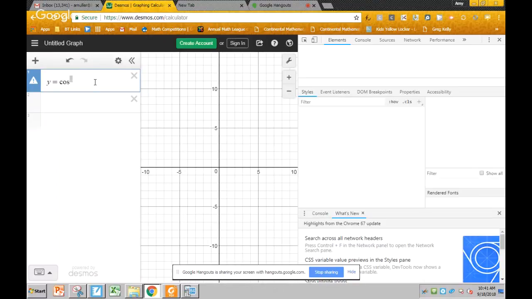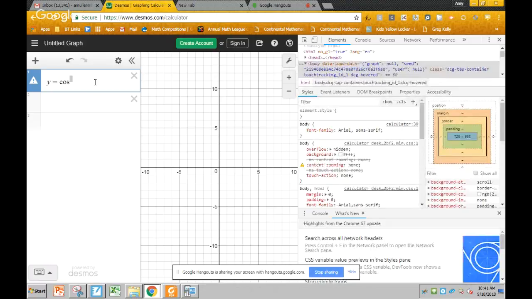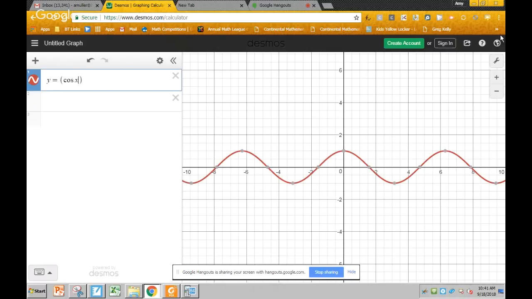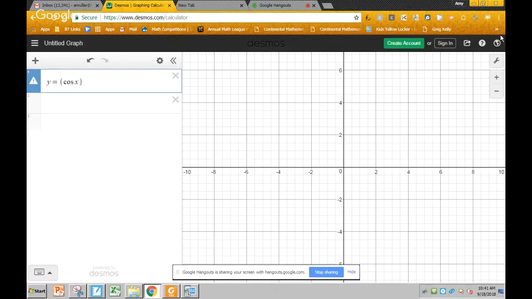It's okay, relax. Backspace. x. And then let's put parentheses around the whole thing. And then let's cube that. Here we go. That's cosine x cubed. All right. And what does the right side say?